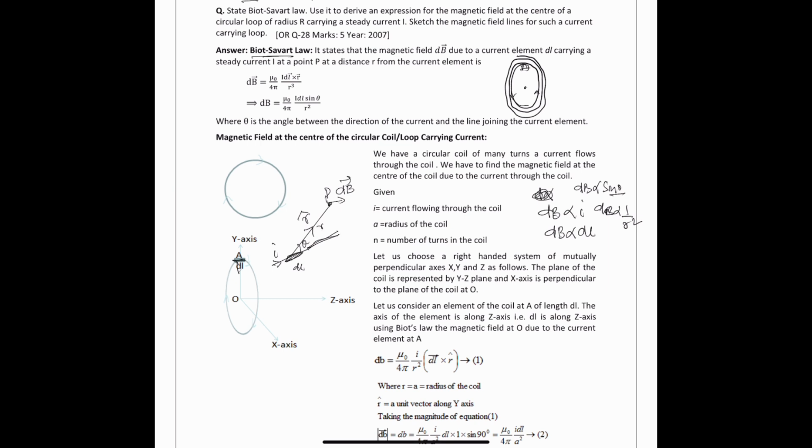As we go further away, the magnetic field reduces by inverse square.